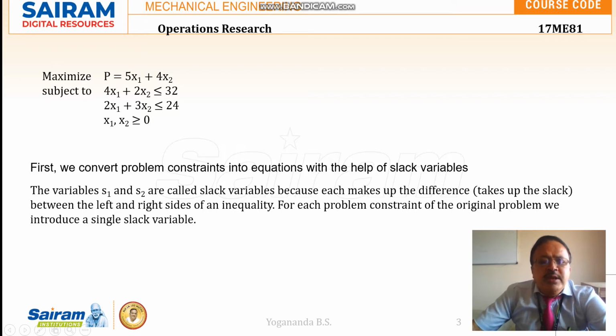First we will convert the less than or equal to constraints into equality constraints with the help of slack variables. So we are introducing slack variable S1 in the first constraint and S2 in the second constraint, so that by adding something on the left hand side, we make LHS equal to RHS, because the left hand side is less than the right hand side.